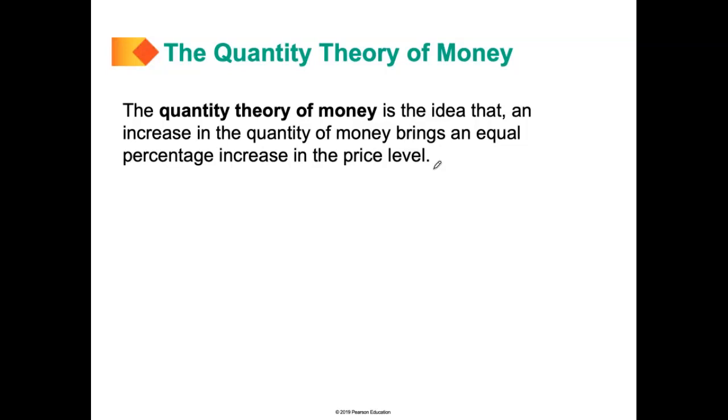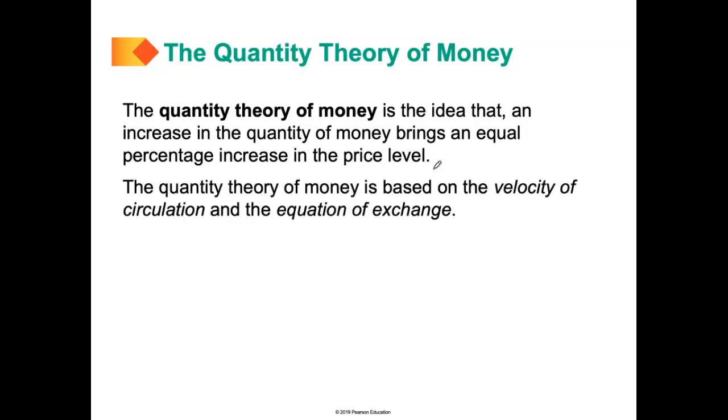Okay, so why does it say that an increase in the quantity of money brings about an equal increase in the price level? Now the quantity theory of money is based on something we call the velocity of circulation and eventually the equation of exchange. The velocity of circulation is how many times the average dollar bill gets used in a year.